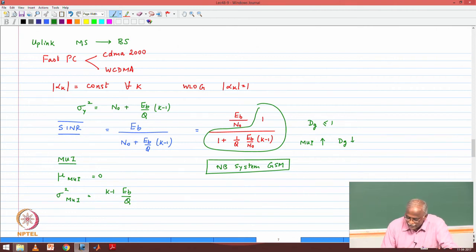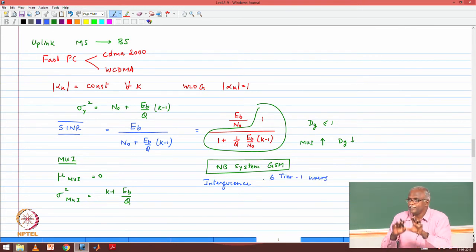So, in the single narrowband system, the interference has a very different characteristic. Interference comes from 6 tier 1 users at most, and though there are 6 of them, it still looks like a GSM signal. So, the way we characterize that, we say that the interference is like colored noise.